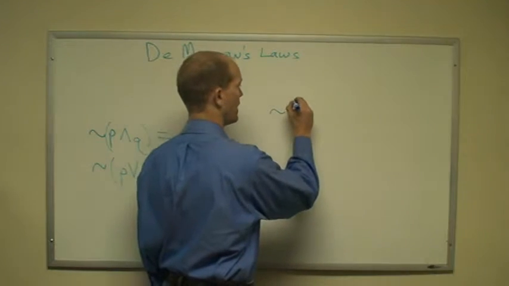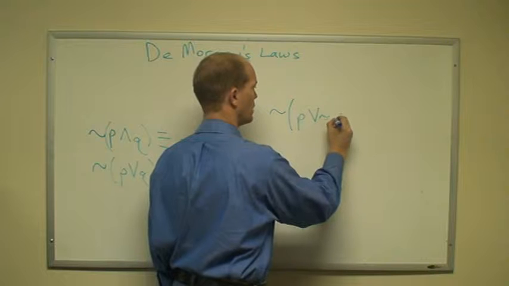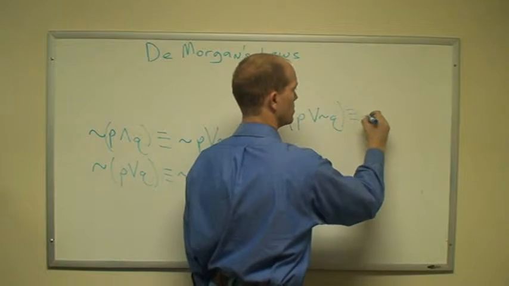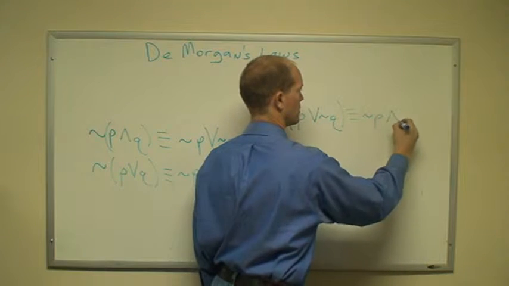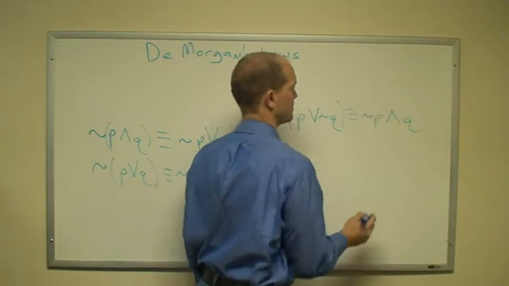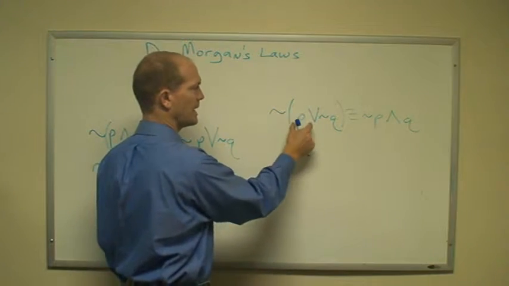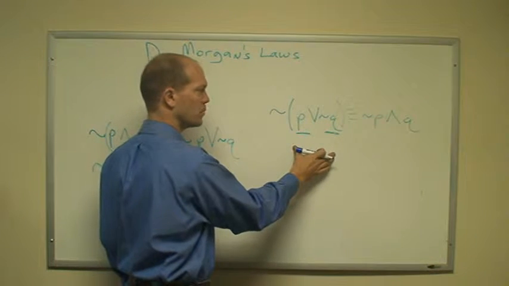For instance, if I have the negation of P or not Q, this is the negation of P and Q. What happens here, one way we can think about this is I'm negating each of the individual parts within the parentheses.